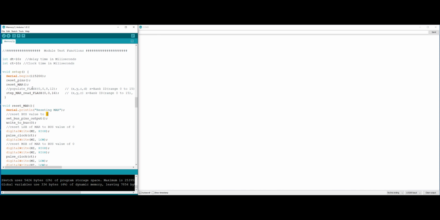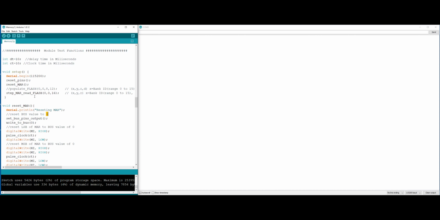After that, we have two functions. One of them reads the flash memory and prints its content to the screen, and the other writes into the flash memory and populates our flash. Let's first look at the read operation.